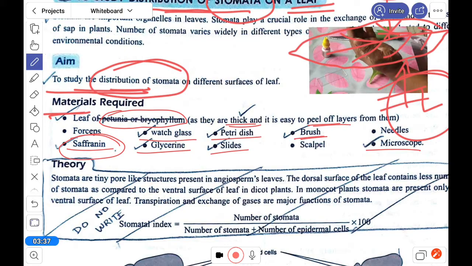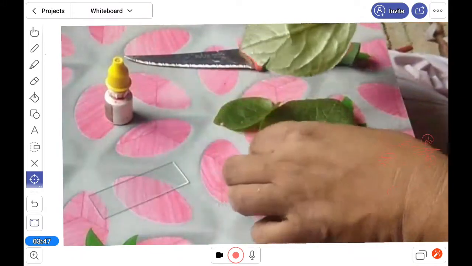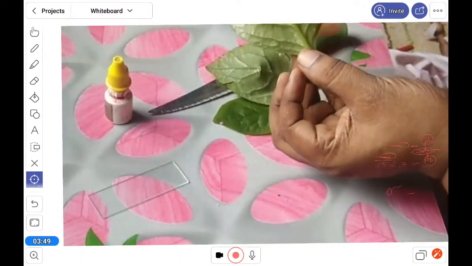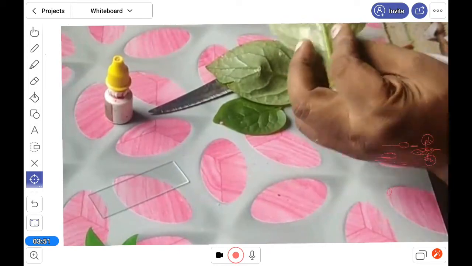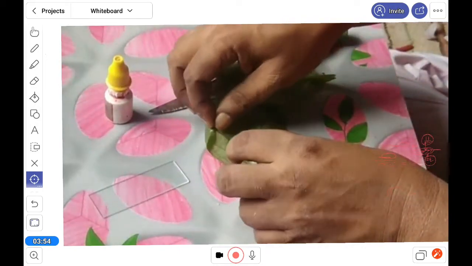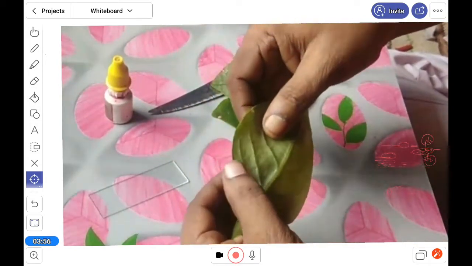Okay, so let's see how it can be done practically. Look here, we have taken one leaf. You can see the two clear sides: the upper, and here is the lower side.